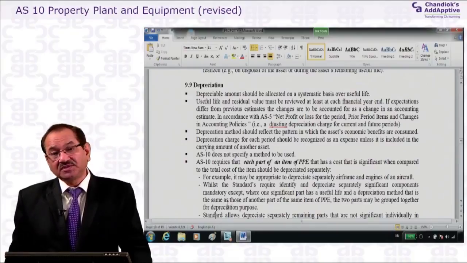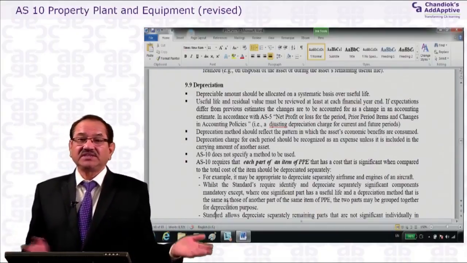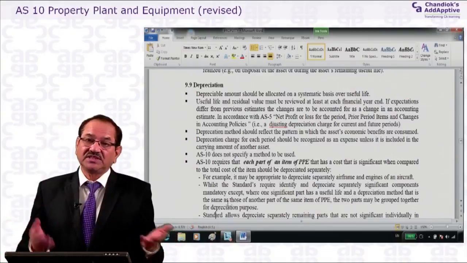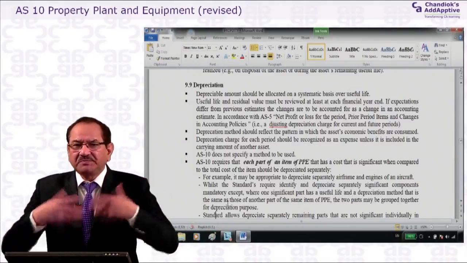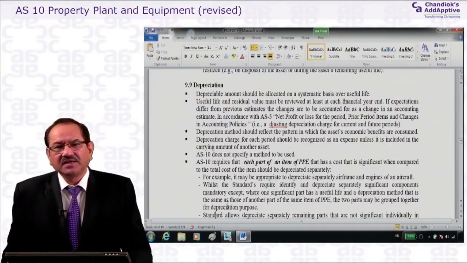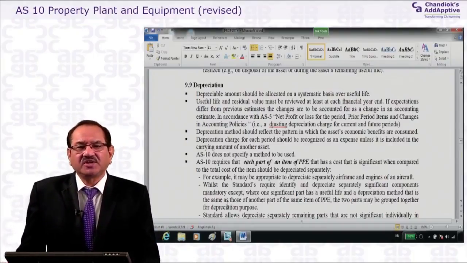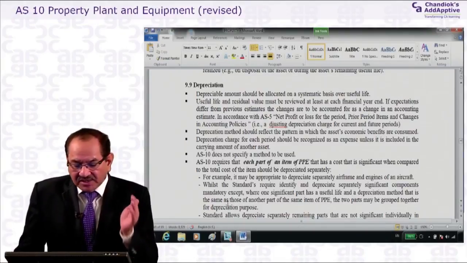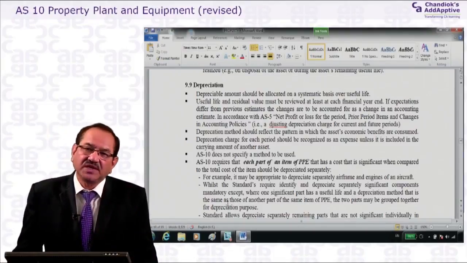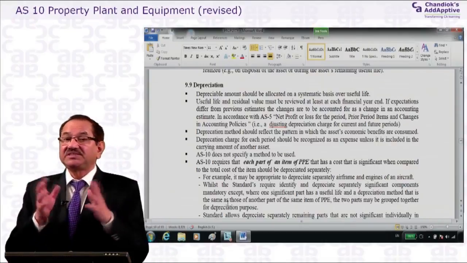How should it be put? Whether in the first year it should be 2 crores, or 4 crores, then next year 5 crores, next year 2 crores. What should be the pattern of putting that depreciation charge in the profit or loss statement? So it says that the depreciable amount should be allocated on a systematic basis over the useful life. But the question arises, what is the depreciable amount?